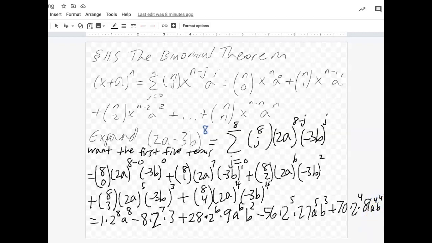So then all we need to do is multiply those out. 2 to the 8th is 256, a to the 8, minus 24 times 2 to the 7 is 3072. And it looks like I forgot the a and b here. This would be a to the 7 and b to the 1st.